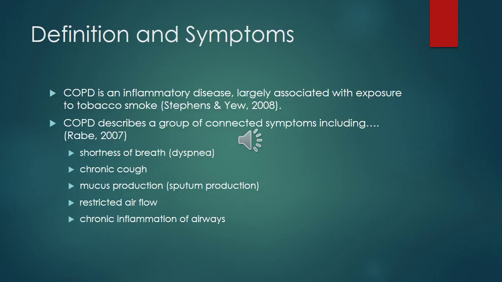It's associated with restricted airflow and also chronic inflammation of the airways. All of those symptoms collectively describe chronic obstructive pulmonary disease itself. Now we're going to move forward to the next slide and talk about the physiology of the respiratory system.